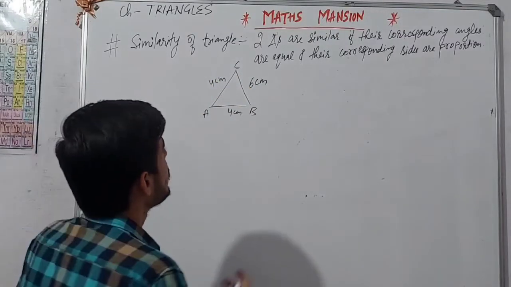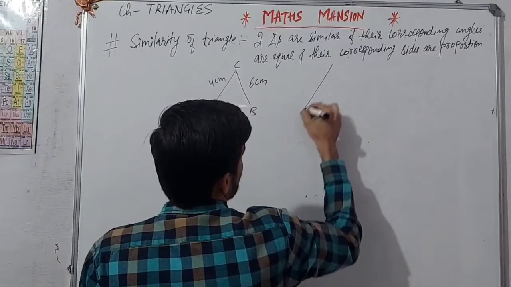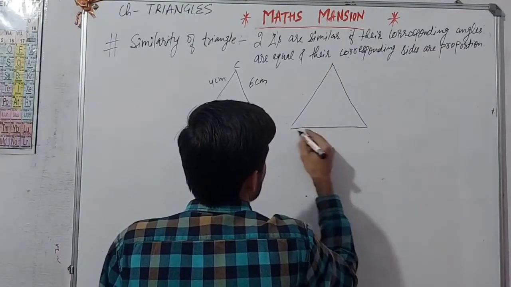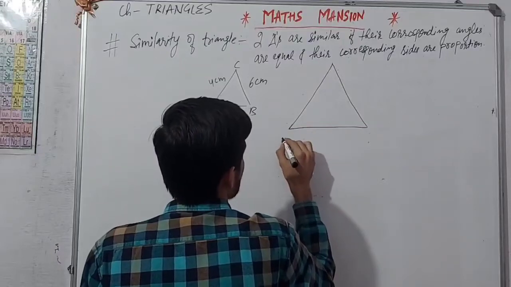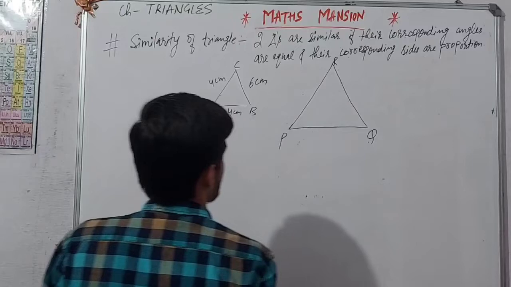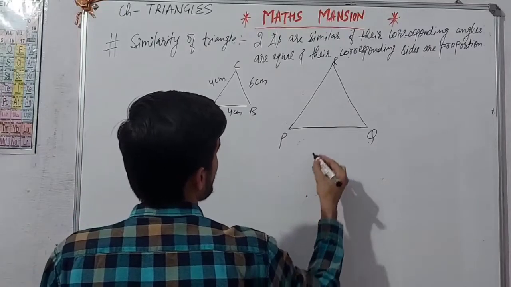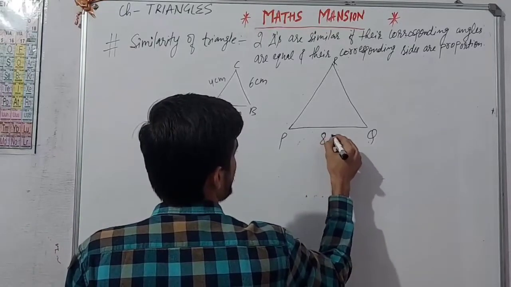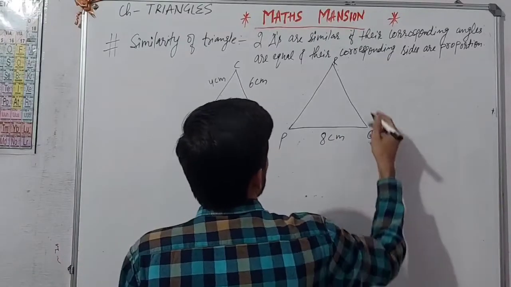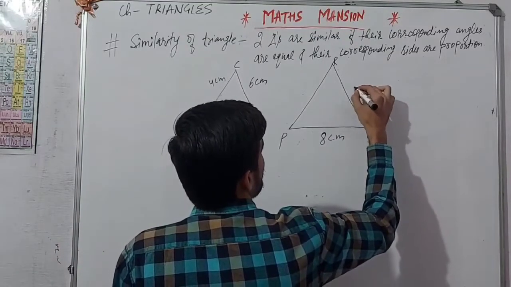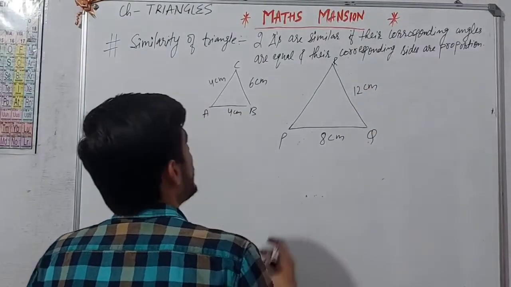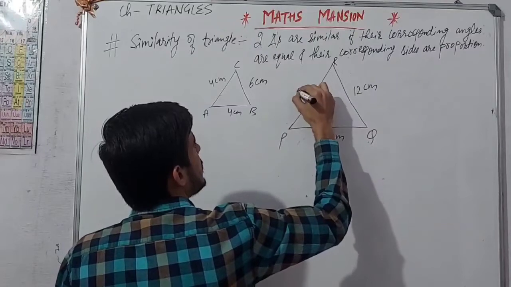And draw a second triangle, name it as P, Q, and R. Let PQ be 8 centimeter, QR be 12 centimeter, and PR be 8 centimeter.